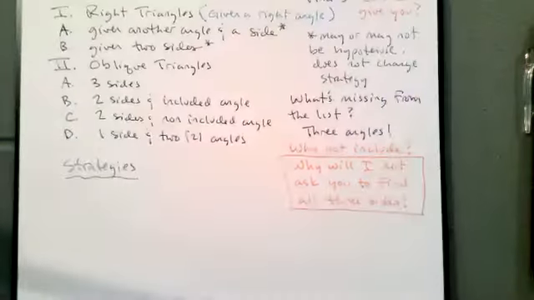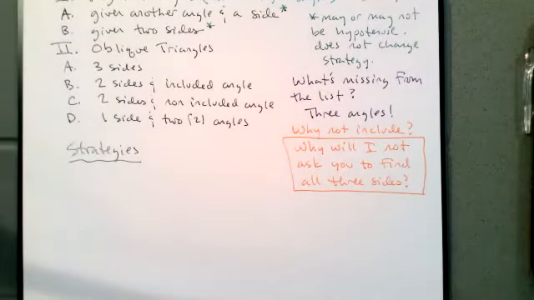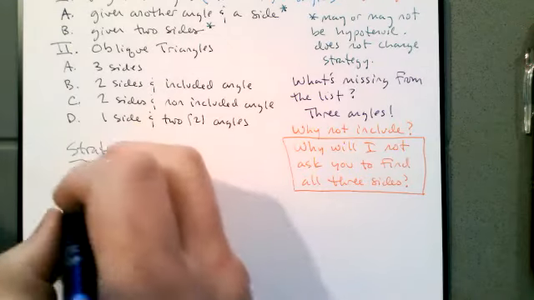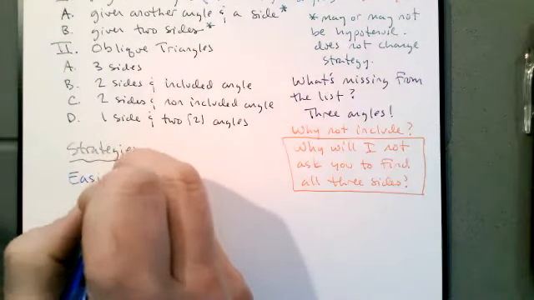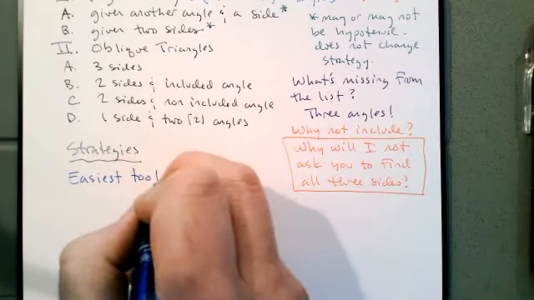So in the category of strategies, what I want to observe is that the easiest tool to use is the sum of the angles is 180. In the category of easiest tool to use.